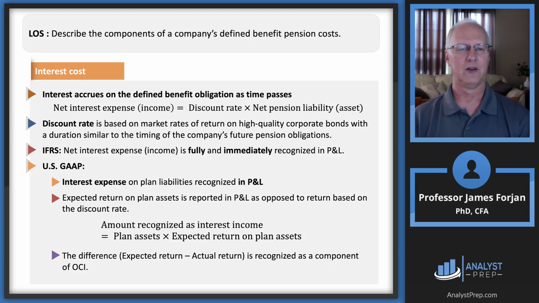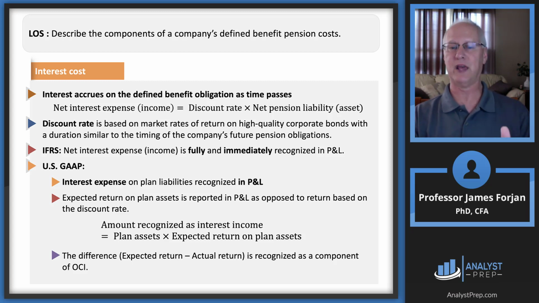All right, under the international rules, net interest is fully and immediately recognized in profit and loss, but under GAAP, the interest expense is recognized. However, what we need to do is make sure that we take the amount recognized as interest income. We need to take that and multiply the plan assets by the expected return on those plan assets.